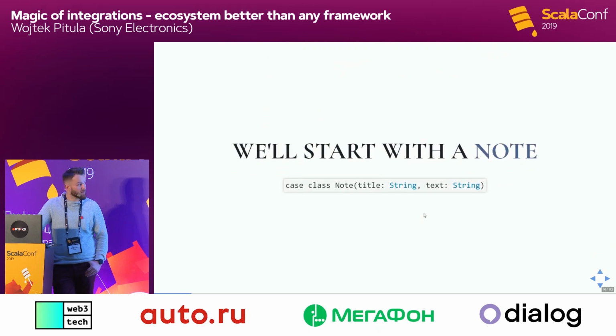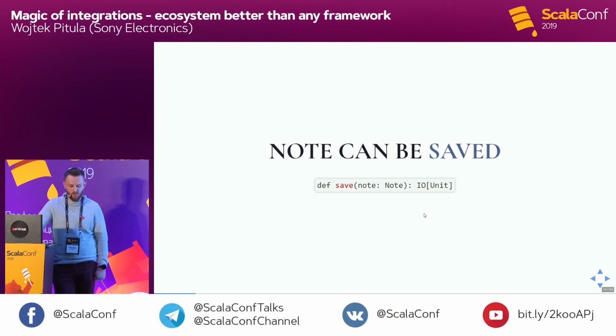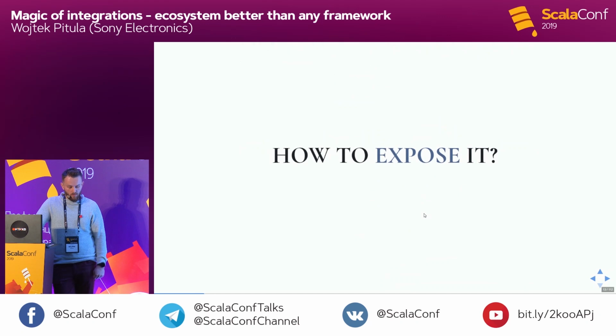So there is a note, it has a title, and it has a text. We can save the note, so you take the note, put it somewhere, and keep it there. And you can retrieve the notes back, so you take everything you saved before. Easy, right? I hope so.